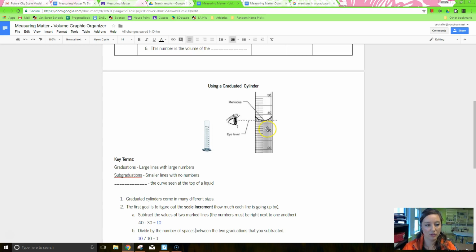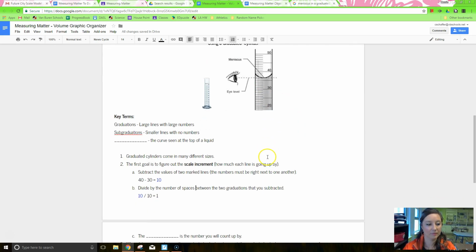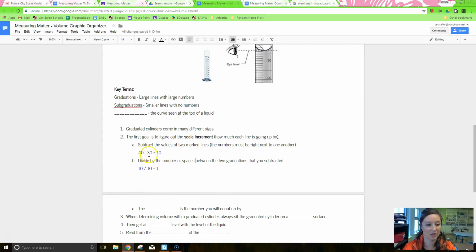So 1, 2, 3, 4, 5, 6, 7, 8, 9, 10. There's 10 spaces. So I took this number here, notice it's in blue. So I took the number that was the difference from above, and then I divided by, this was my number of spaces. So that's going to be 10. So 10 divided by 10 is 1.